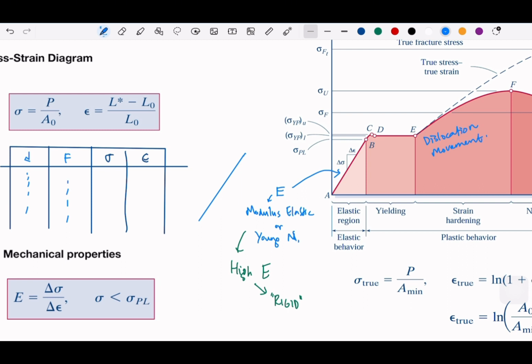I should give you some video, but later I will give you some video about that so that you can have the visuals. So it's like an obstacle. When you pull something, but someone is stopping you, that's why it's hardened. So the defect is moving, and at some point it is harder.